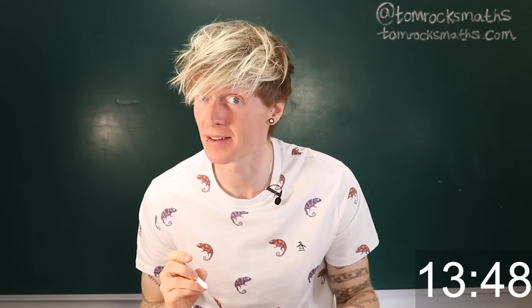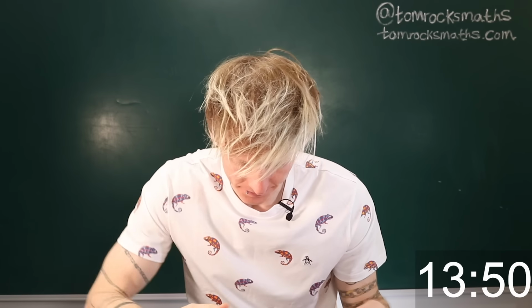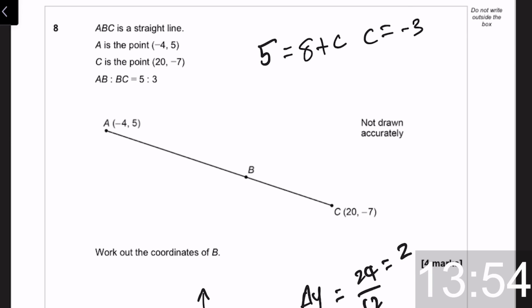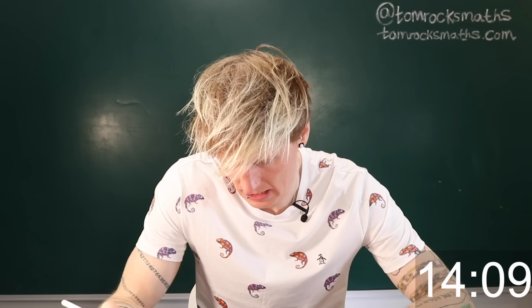Okay, very, very bad sketch. Anyway, doesn't matter. Does that make sense? And let's check the other point. So minus 7 equals minus 2 lots of x. So x is 20, so minus 40. Oh no, that doesn't work.